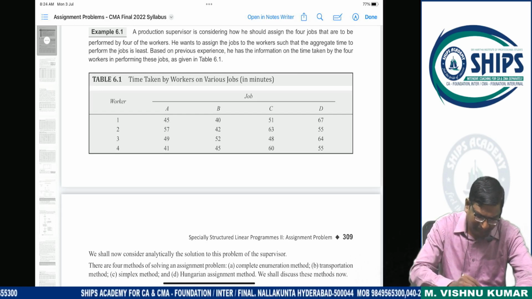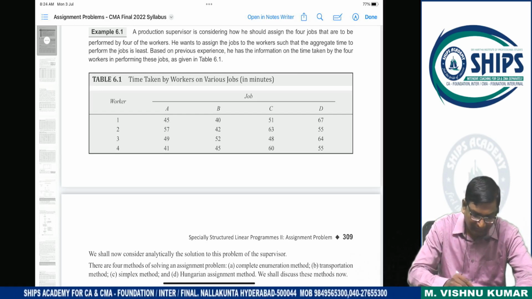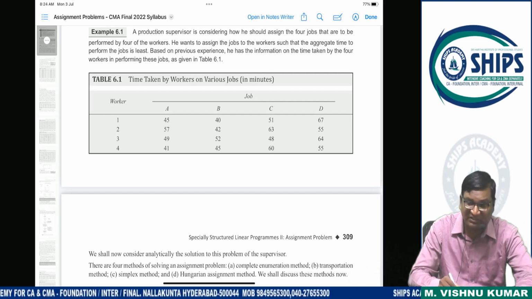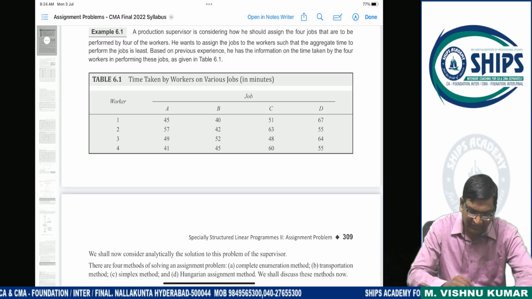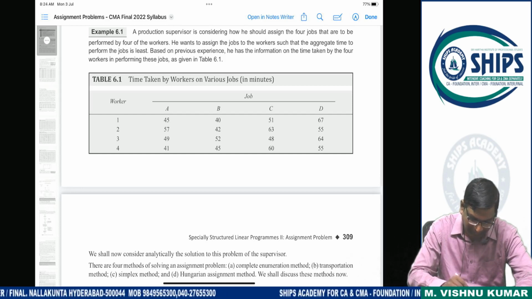So if you give job A to worker 1, he will take 45 minutes. Job B 40, job C 51, job D 67. So in this way, if you see, what does it look like? For worker 1, if he does job B, it is better.